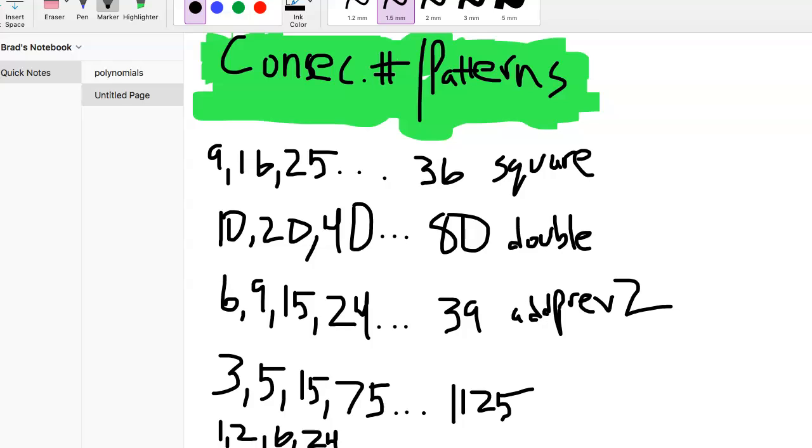So what I mean by that is, we start off with 1 times 2 is 2, okay? That's for the first number, 1. We multiplied it by 2. Now 2 times 3 is 6. So for the 2, we multiplied it by 3. 6 times 4, one more, is 24.